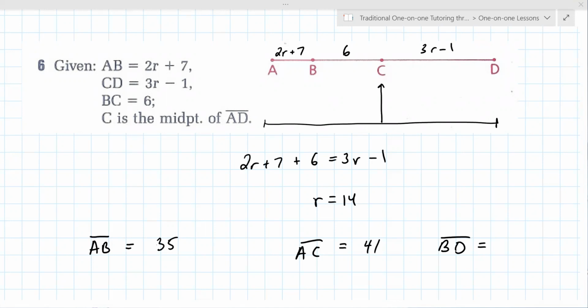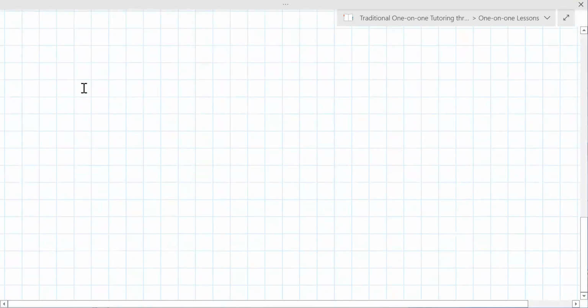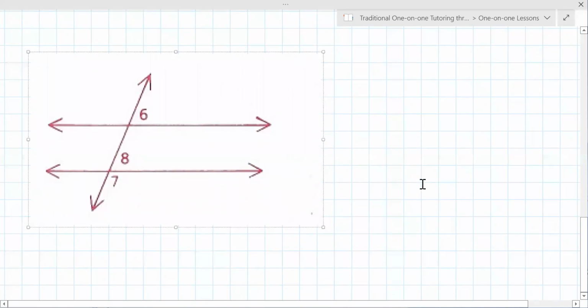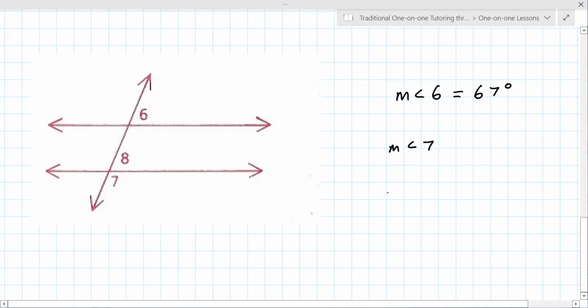parallel lines cut by a transversal. All right, so let's say the measure of angle 6 equals 67 degrees. Could you determine the measure of angle 7 and the measure of angle 8 for me?